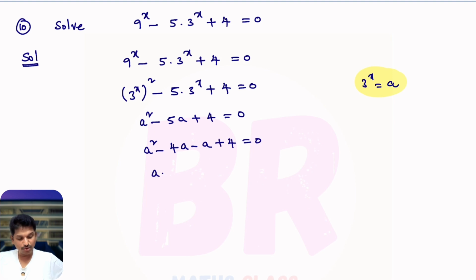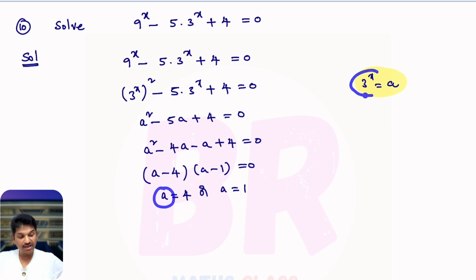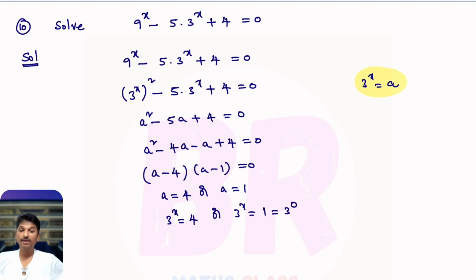From this directly you can write a minus 4 into a minus 1 equal to 0. From this you will get a equal to 4 or a equal to 1. What is a? A is 3 power x, right? So 3 power x equal to 4 or 3 power x equal to 1. 1 can be written as 3 power 0, right? Okay. So here from this, what is x?